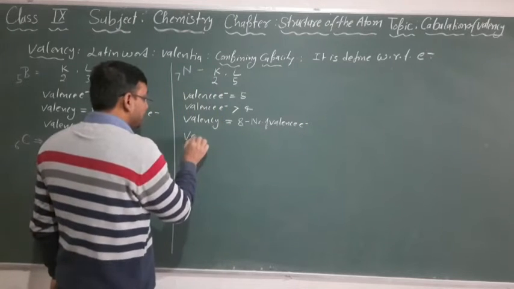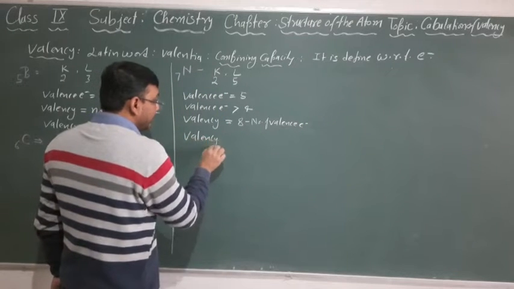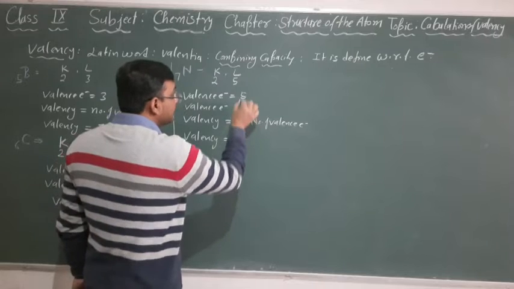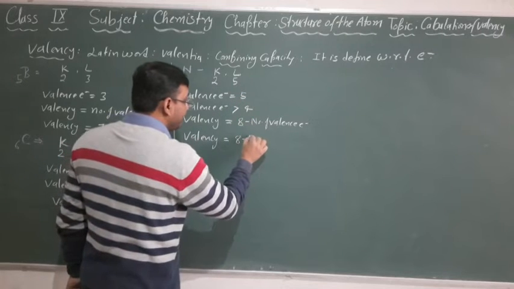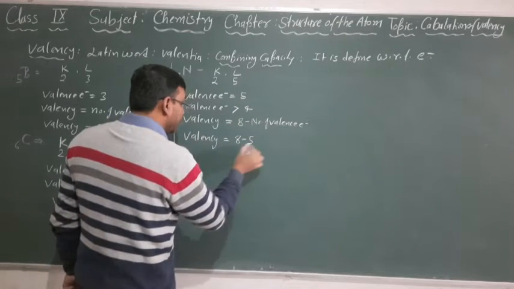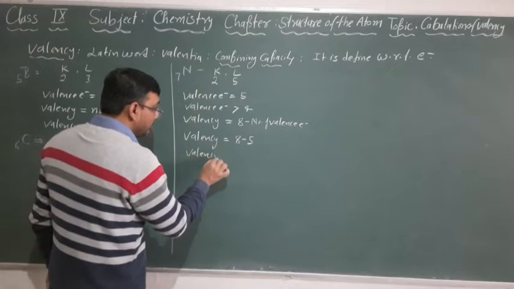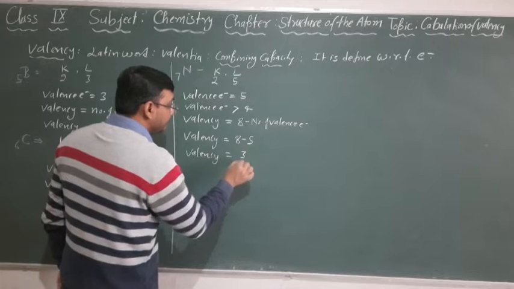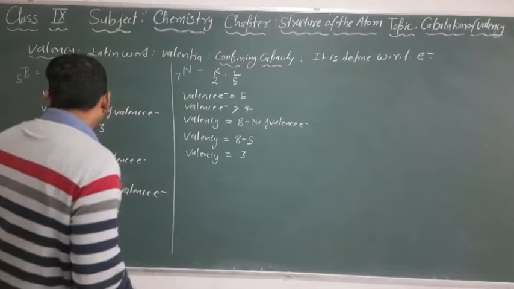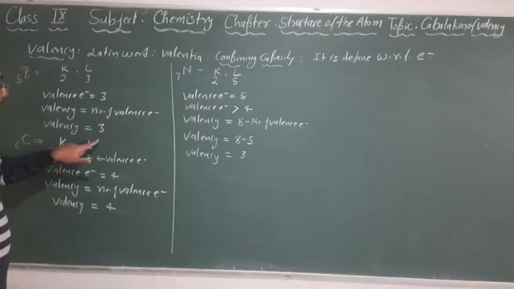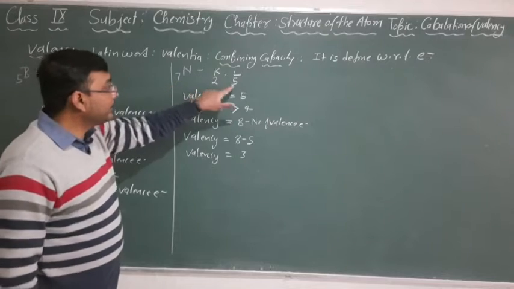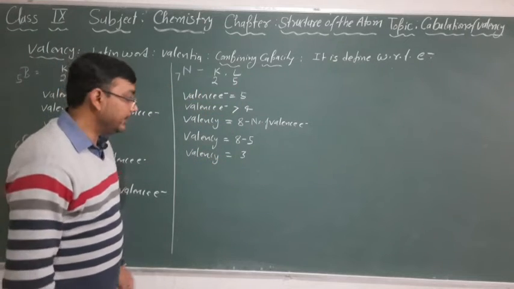So valency is equal to 8 minus 5, so we get valency equal to 3. So now see, the valency of boron is 3 and the valency of nitrogen is also 3.